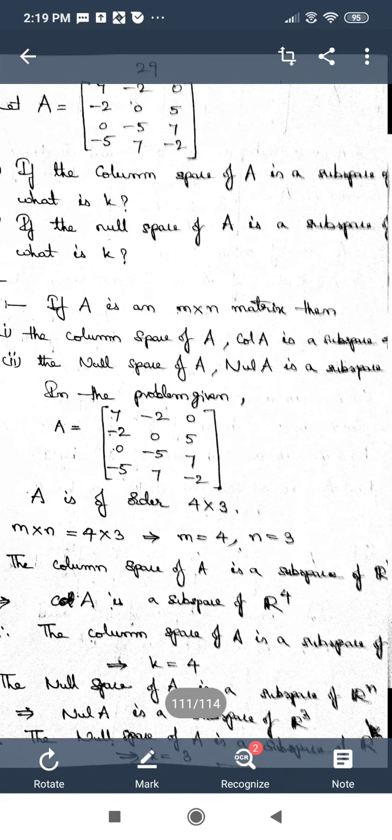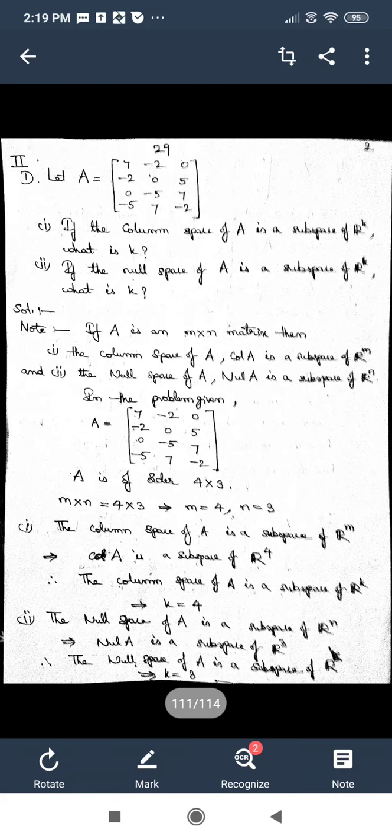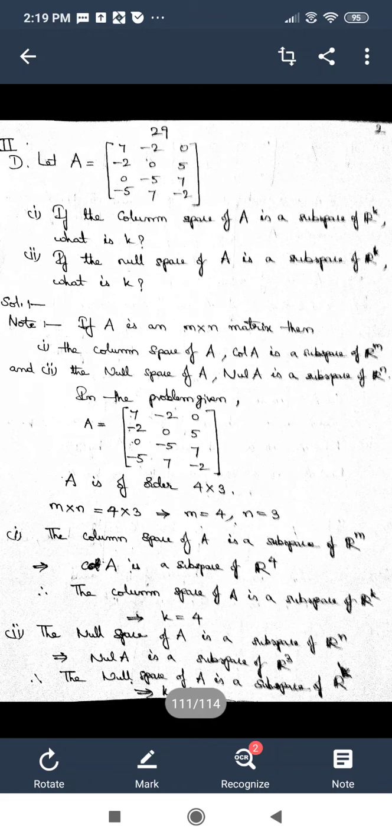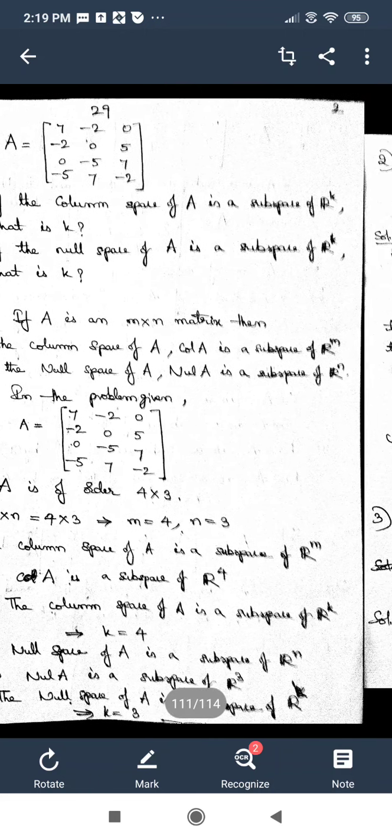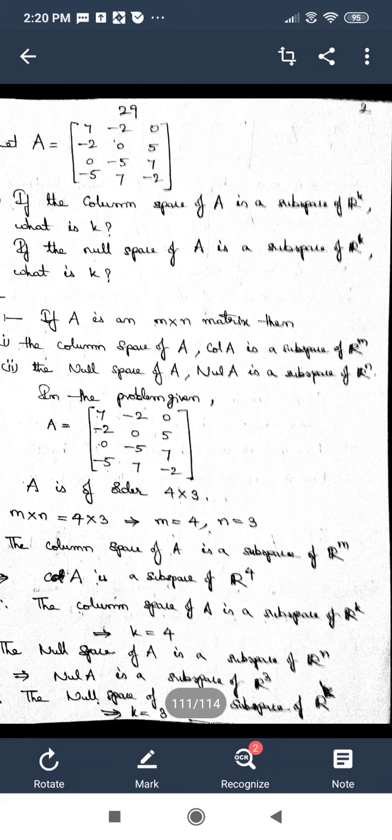So column space of A is always a subspace of Rm, where m is the number of rows of the given matrix A, and likewise we can say about the null space also. The null space of A, Nul A, is a subspace of Rn, where n is the number of columns of the matrix A.